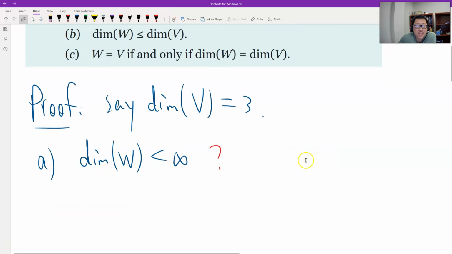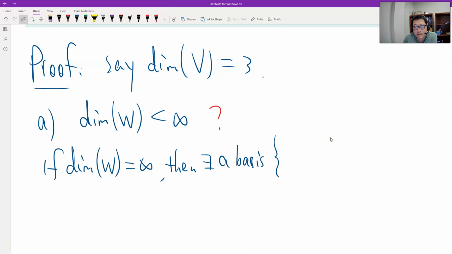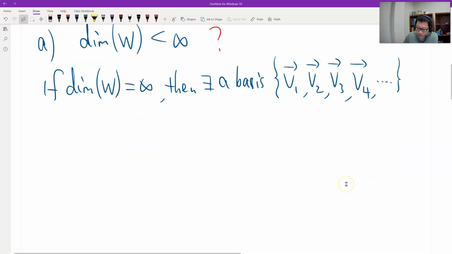If the dimension is infinite, we can find a contradiction. Because the dimension is infinite, any basis has infinitely many vectors. We only need to use the first 4 vectors to get a conclusion.